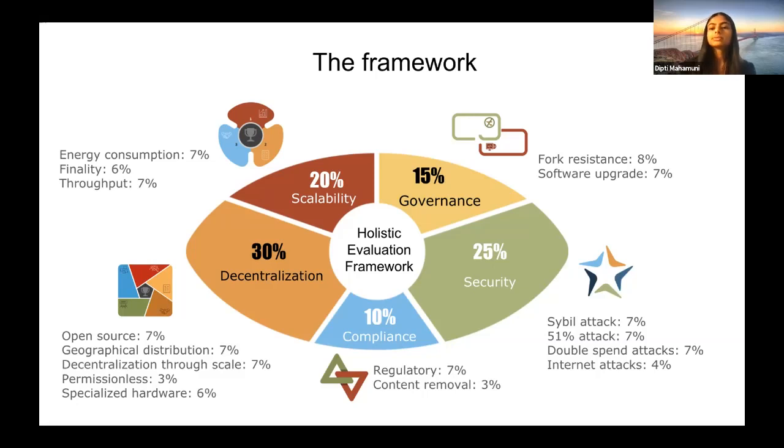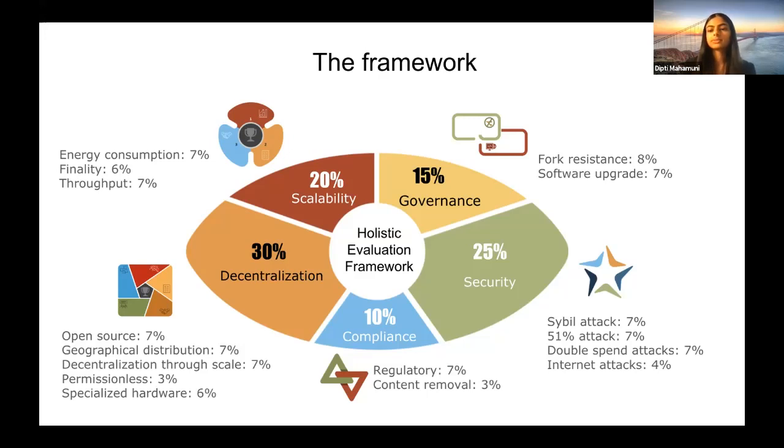Also, we've seen a lot of initial deployments of applications based on early proof of work systems suffer due to their lack of scalability or governance models. For that reason, scalability and governance are given the next biggest weights. Furthermore, some governments have issued bans on blockchains because they weren't following certain regulatory compliance requirements.